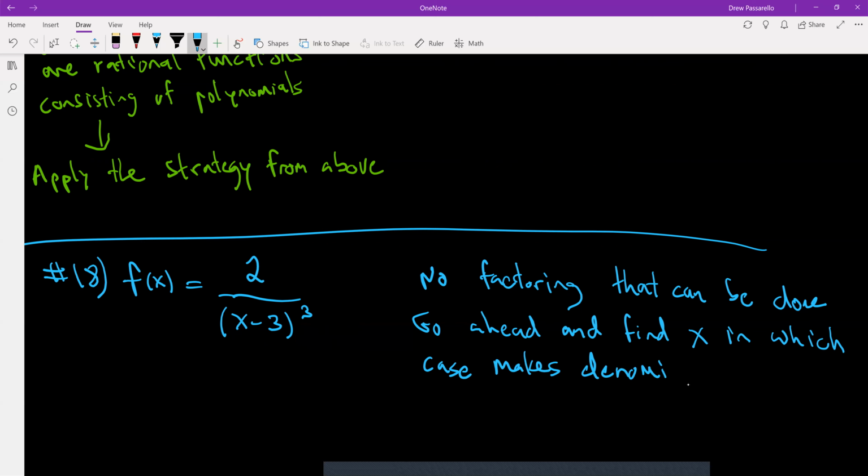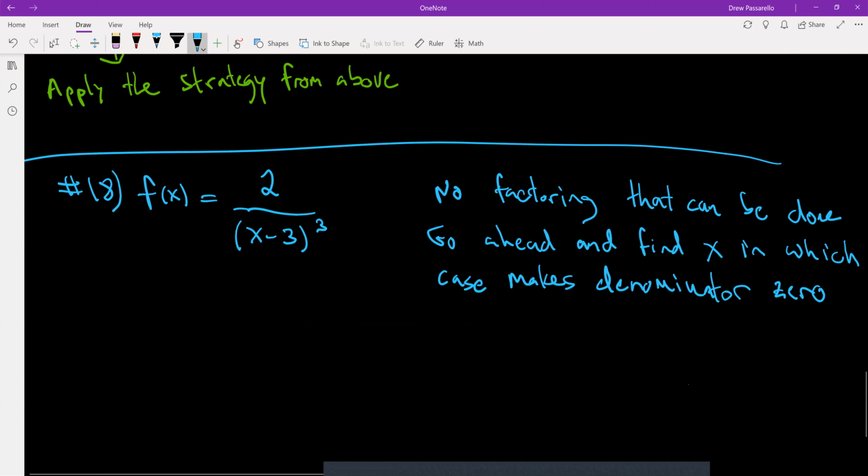And usually, you can just observe and determine x is going to be 3, right? Because 3 minus 3 is 0 in the denominator. So just from observation, if x were 3, you would have 3 minus 3 is 0. So x equals 3 itself is the vertical asymptote.